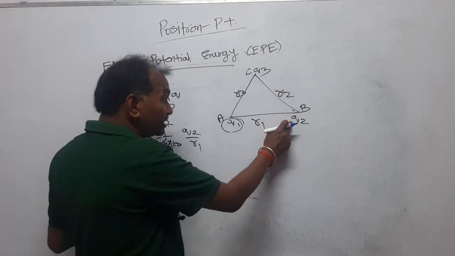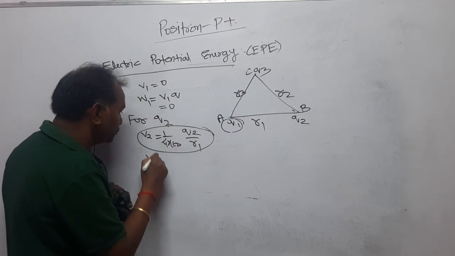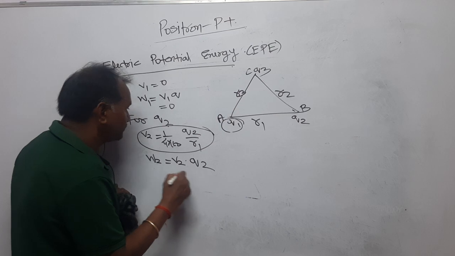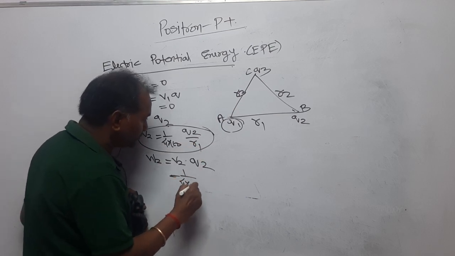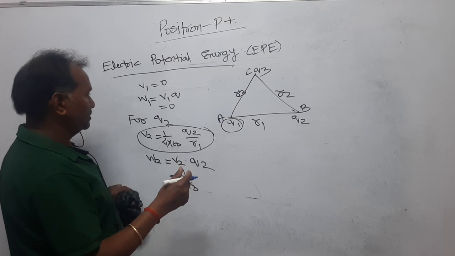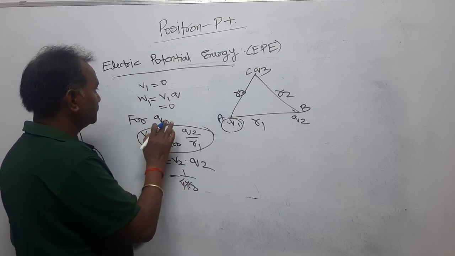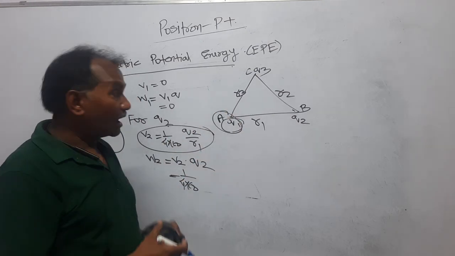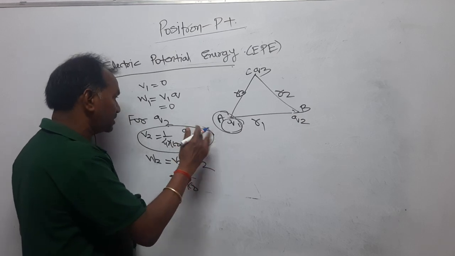Now you are bringing the Q2 charge in this potential. So work done W is equal to V2 into Q2. Sorry, for Q2, V2 will be because of this charge: the potential at point B due to Q1 is Q1 upon R1.